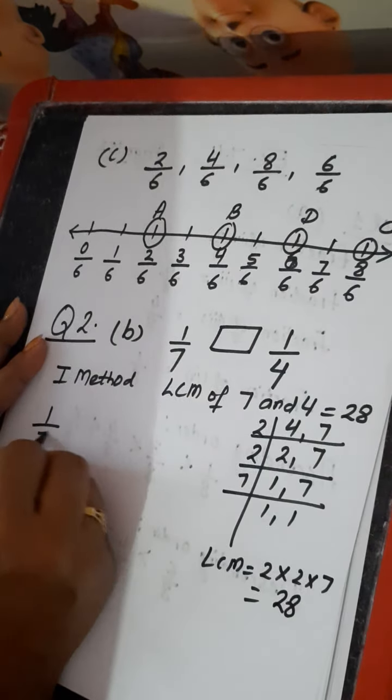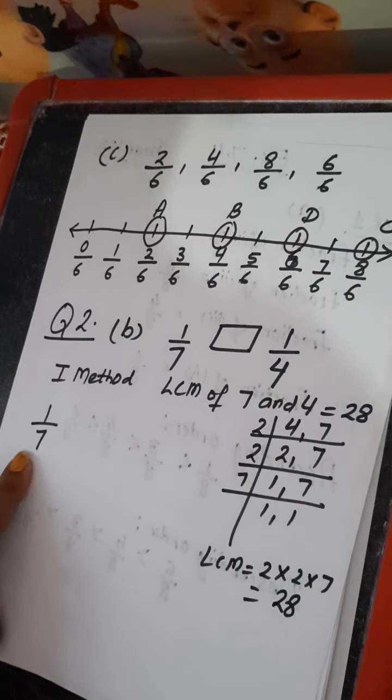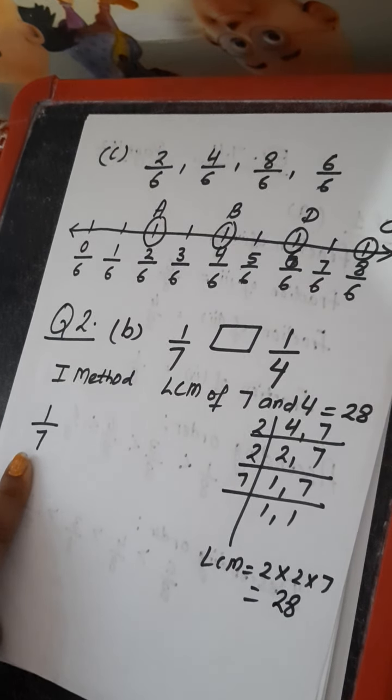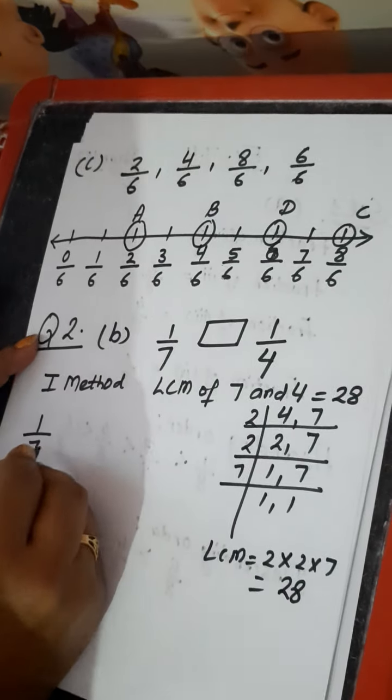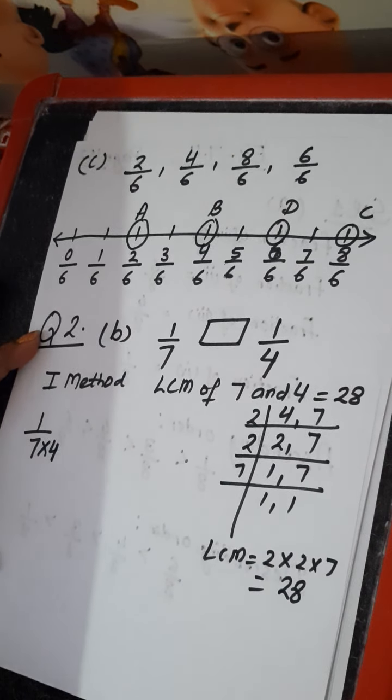So 1/7. Now here the denominator is 7. By which number do you multiply 7 so that you get 28, because to compare, the denominators should be the same. So you have to multiply the denominator by 4.